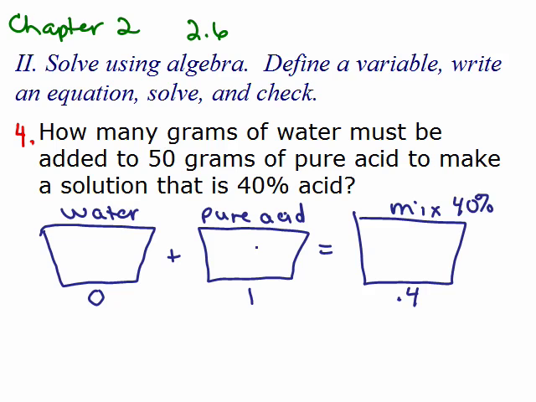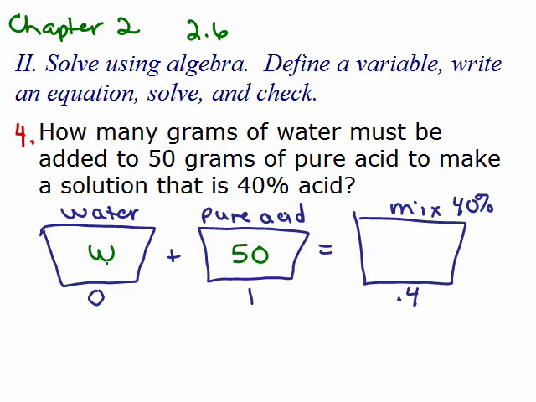Now we need to fill in how much is in each container. What do we know? We've got 50 grams of pure acid, so we know there's 50 grams here. What we don't know is how much water, so let's let that be W for how much water. Remember, you could use any variable you'd like.